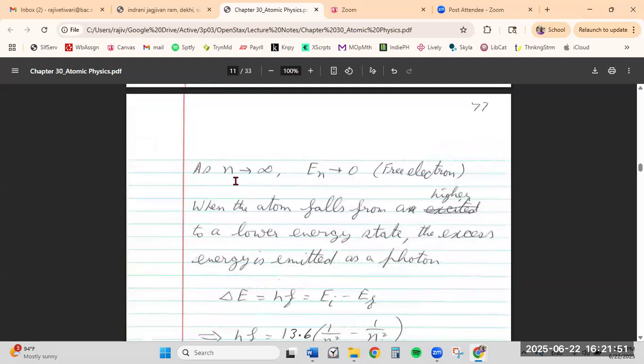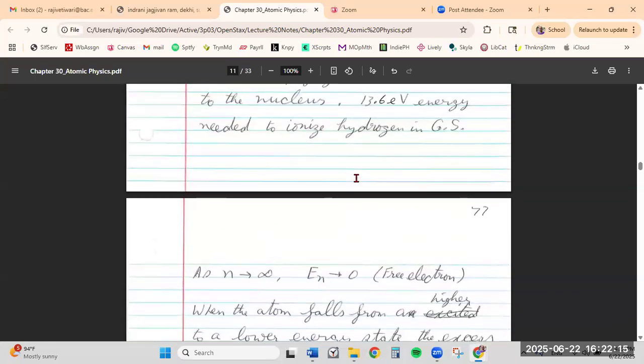Now, as n approaches infinity, as n becomes larger and larger, we are talking about orbits that are larger and larger. And starting from negative 13.6 electron volts for the ground state for n equals 1, as you increase the value of n, En approaches 0.